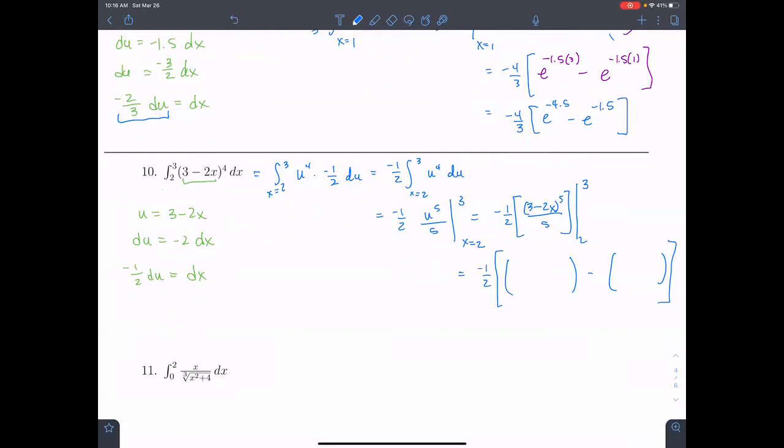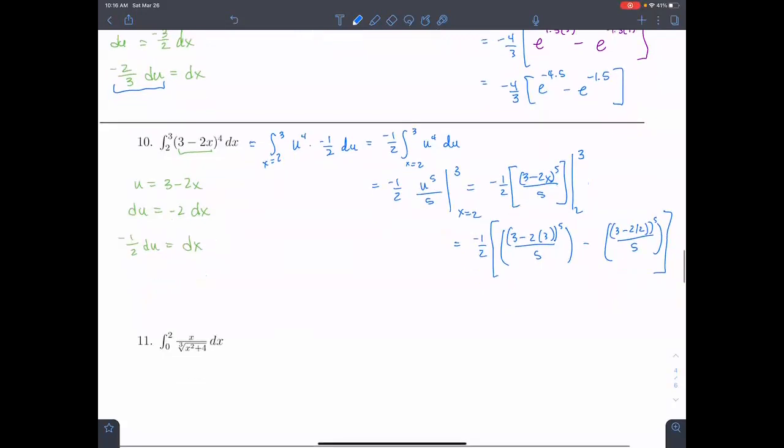3 minus 2 times 3, that to the fifth over 5, minus 3 minus 2 times 2 to the fifth. There's so many parentheses here, over 5. Negative 243. This is what I have, over 5.